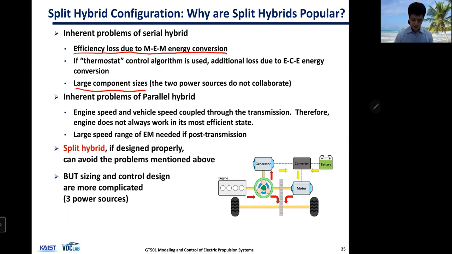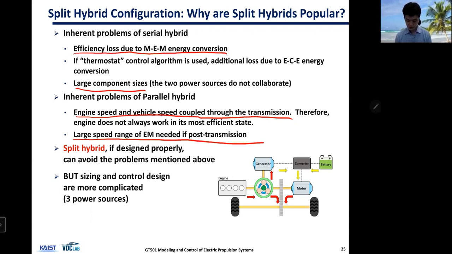And with parallel hybrid, your engine speed and vehicle speed are coupled through the transmission. So this can be good and bad. So the engine does not always work in the most efficient state. And then a large speed range electric motor is needed if it's post-transmission.